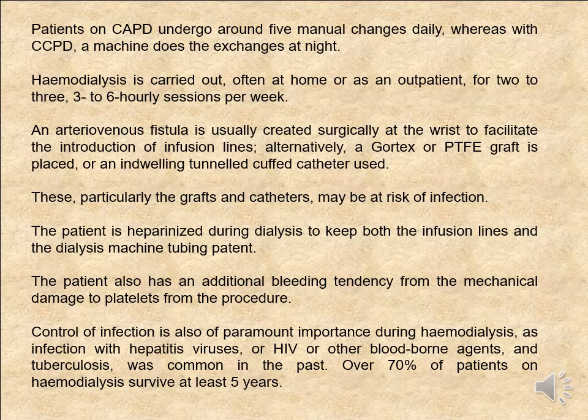Alternatively, a Gore-Tex or PTFE graft is placed, or an indwelling tunneled cuffed catheter is used. The graft and catheter in particular may be at risk of infection. The patient is heparinized during dialysis to keep both the infusion line and the dialysis machine tubing patent. The patient also has an additional bleeding tendency from mechanical damage to platelets from the procedure.